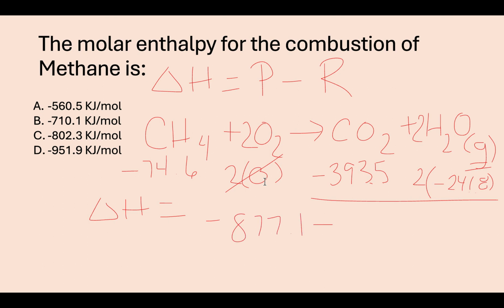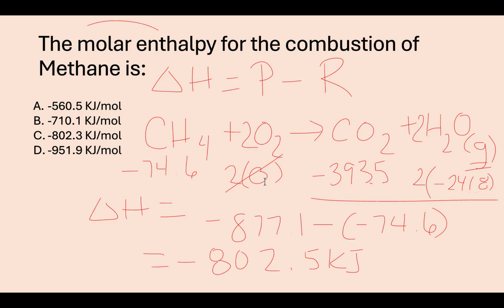And I'm going to subtract my reactants, so negative 74.6. When I do this, I'll get negative 802.5 kilojoules, and that's for the reaction.